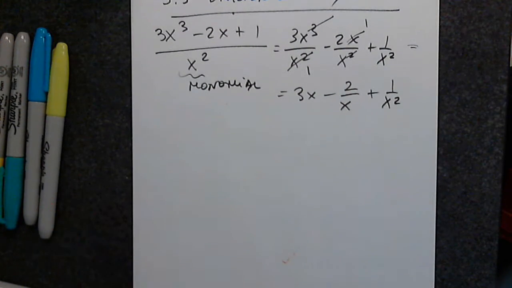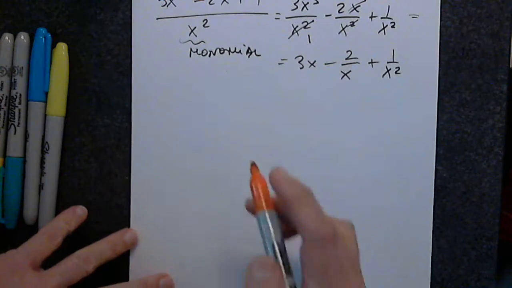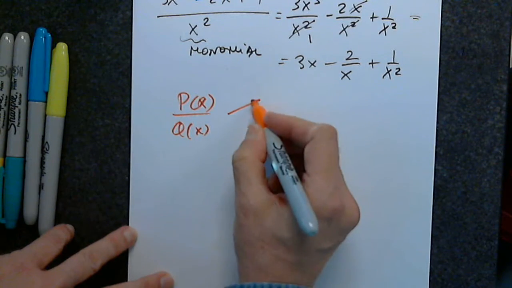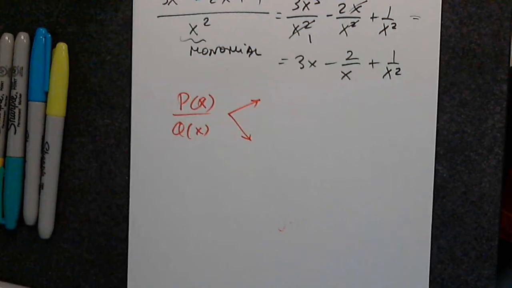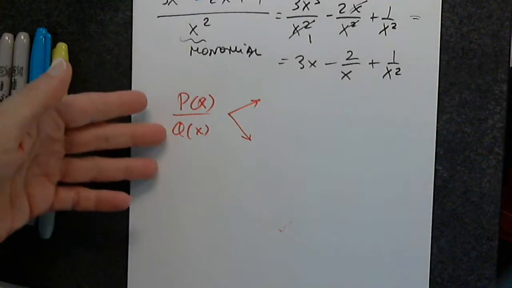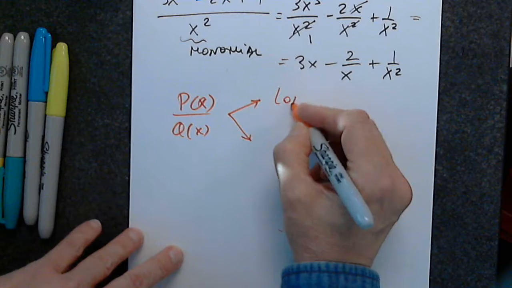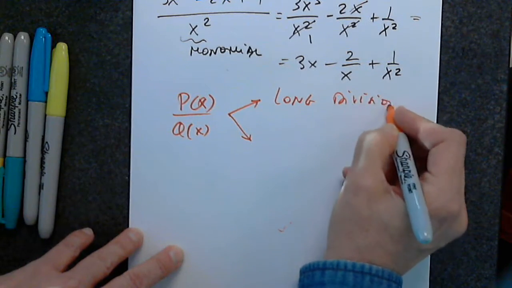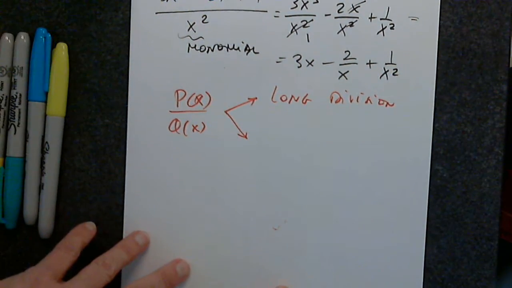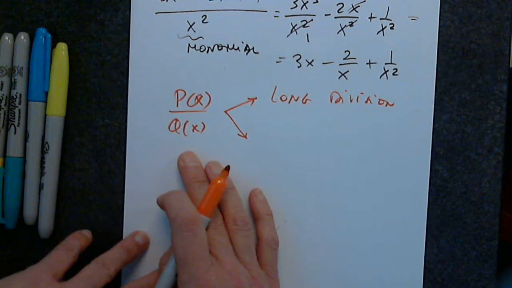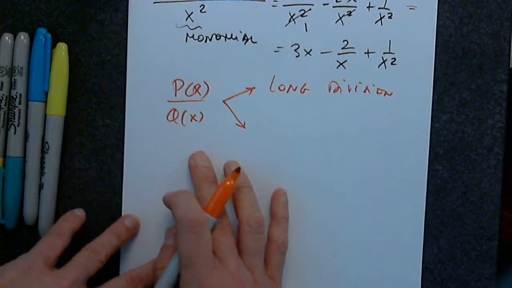Now, when the denominator is 2 or more terms, let's say a polynomial over another polynomial, we have 2 options. So by q of x, I mean not one term, but 2 or more terms. So if I have to divide 2 polynomials, and the denominator has at least 2 terms, I have what is called a long division. And also, that works in all cases. And I also have a second option, but that has limited applicability.